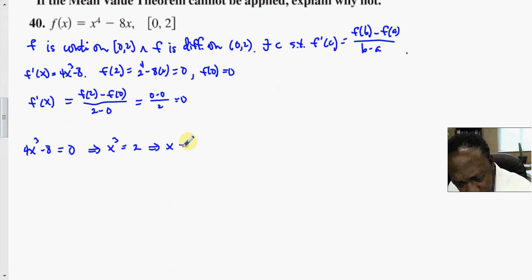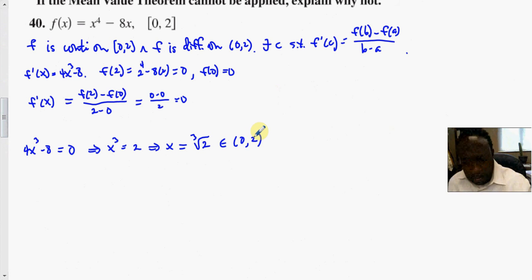This implies that x is equal to the cube root of 2. Now, is the cube root of 2 on the interval from 0 to 2? Yes, it is. It is on the open interval from 0 to 2. So, therefore, we take c to be the cube root of 2.